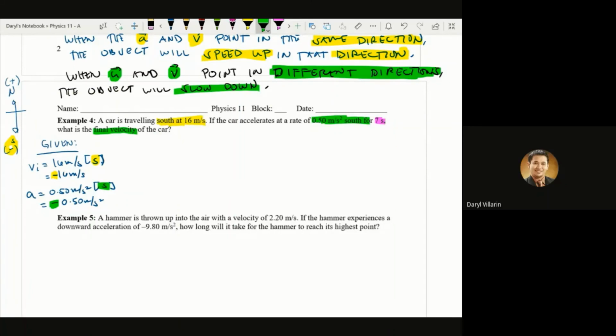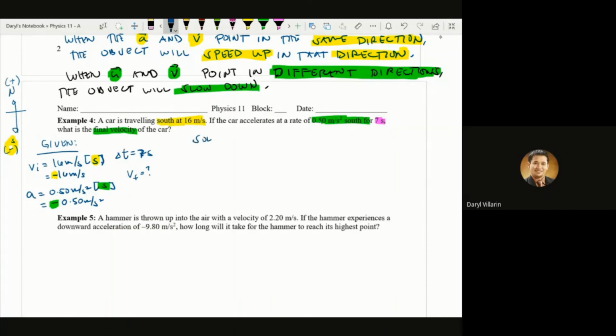So those are two givens, and we're given the time also. Time is 7 seconds, or the delta t. And we want to solve for the final velocity. We're solving for vf.